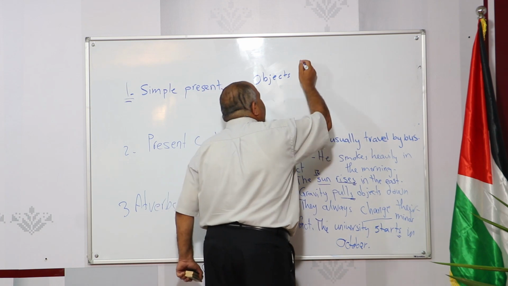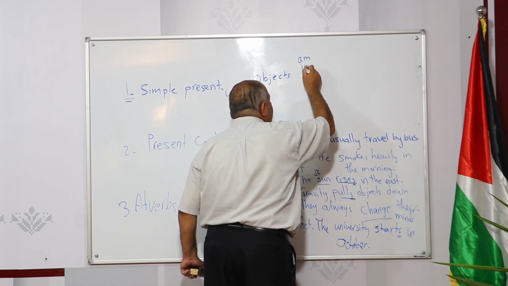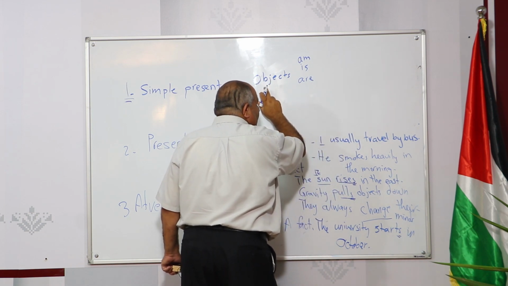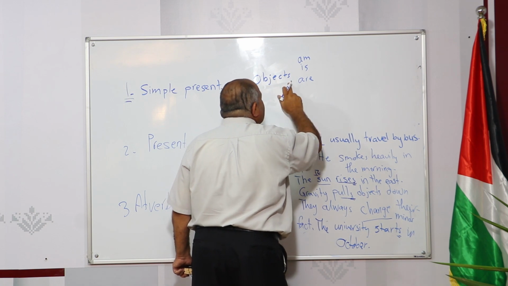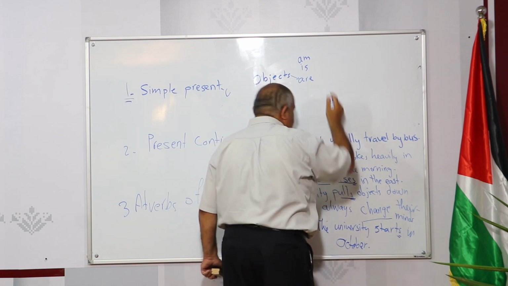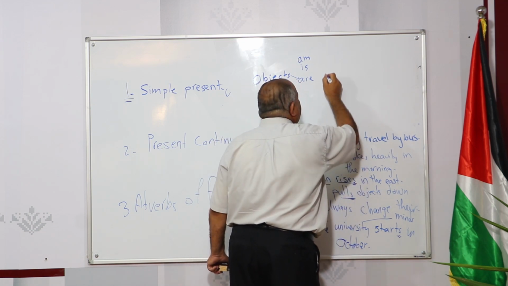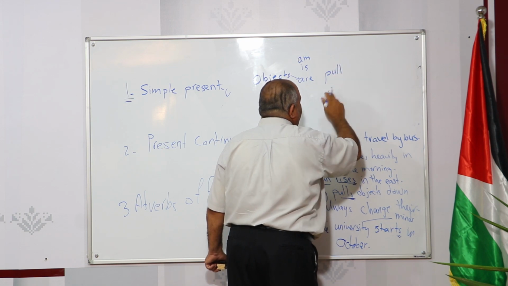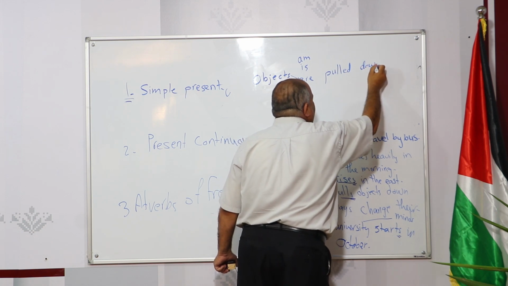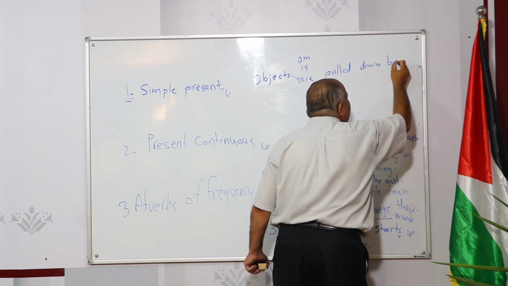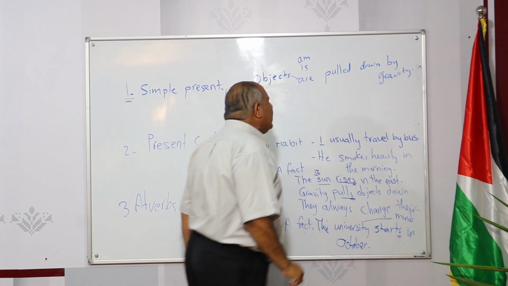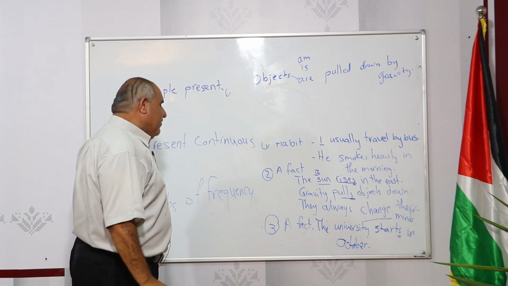We put am, or is, or are, depending on this new subject, which is the object. Objects is plural, therefore we take are. So we say objects are. The full verb is pull. You put it in the past participle, so pull, you put ed. So we say objects are pulled down by gravity. Objects are pulled down by gravity.